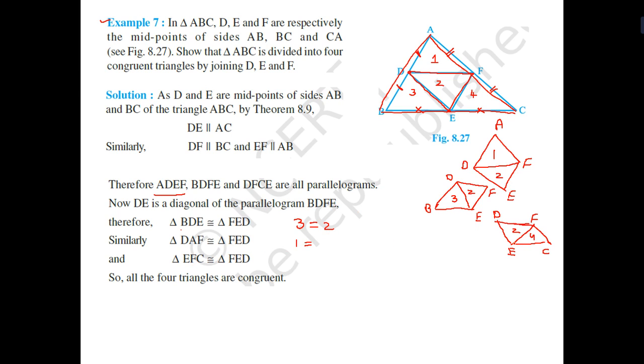EFC, that is 4, is equal to FED, that is 2. So we can say that 1 is equal to 2 is equal to 3 is equal to 4. So that way we say the four triangles are equal.